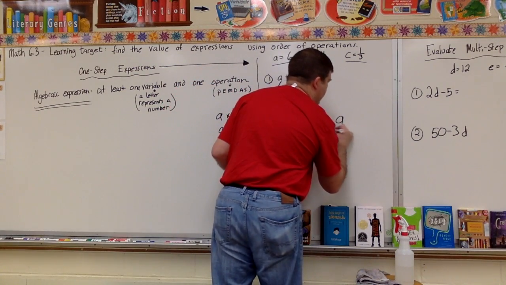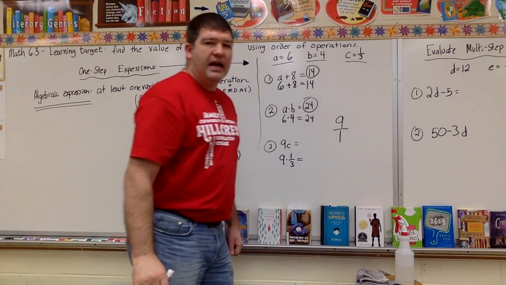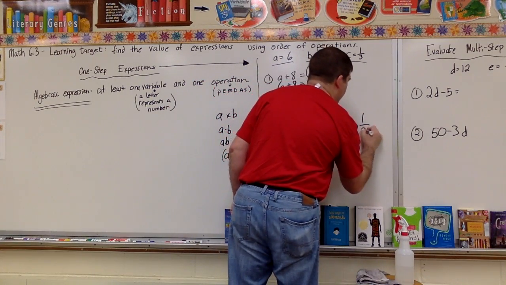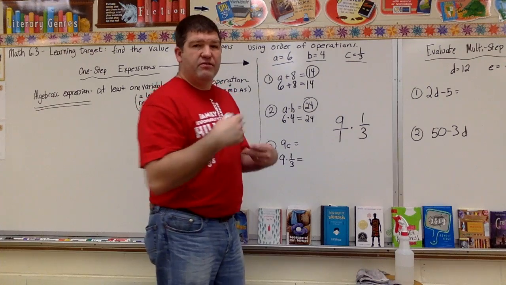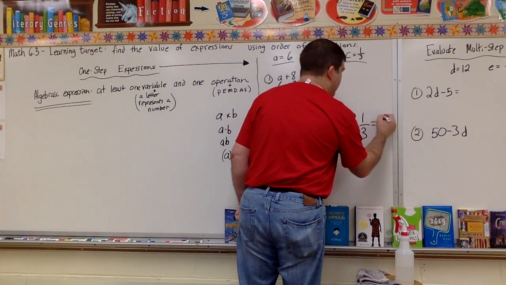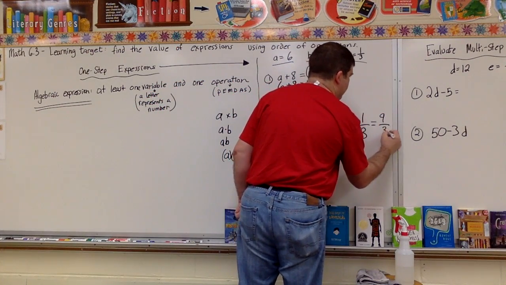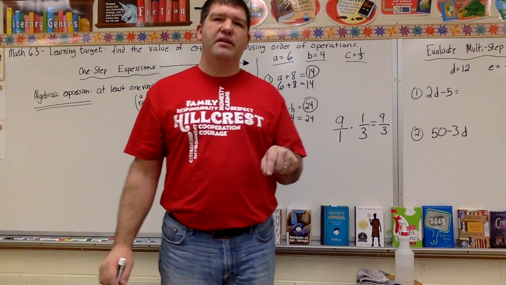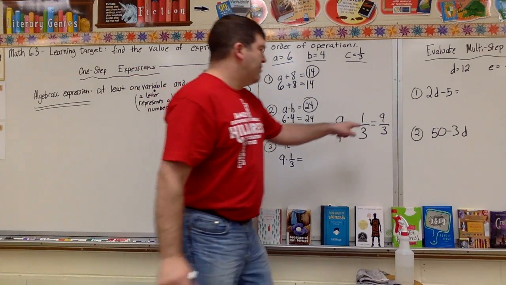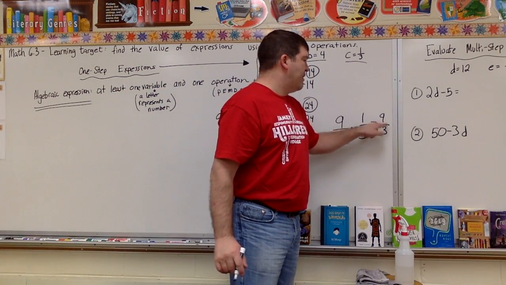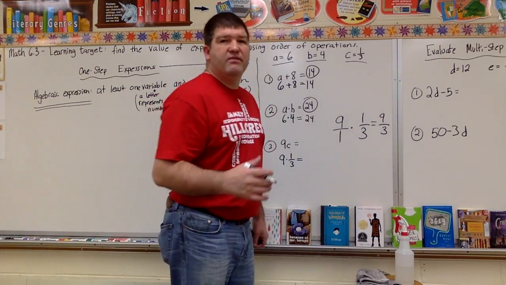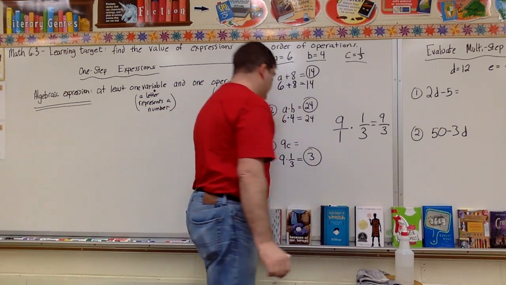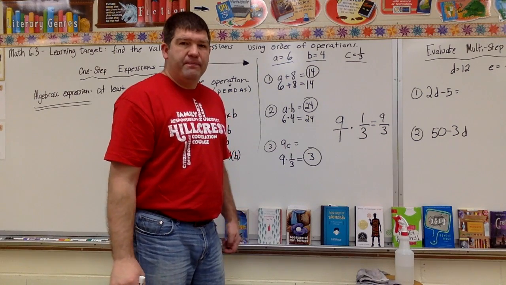Remember, you need to make that 9 into a fraction times 1/3. And then when it's like that, you just go across. 9 times 1 is 9. 1 times 3 is 3. 9 over 3. It's an improper fraction. And we know that this is division. So 9 divided by 3, that comes out even as 3. So the answer is 3. Okay?